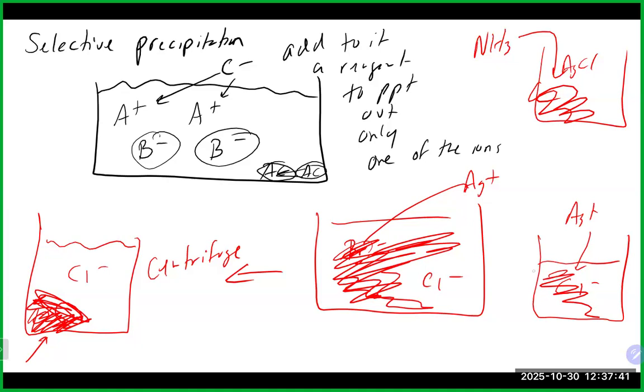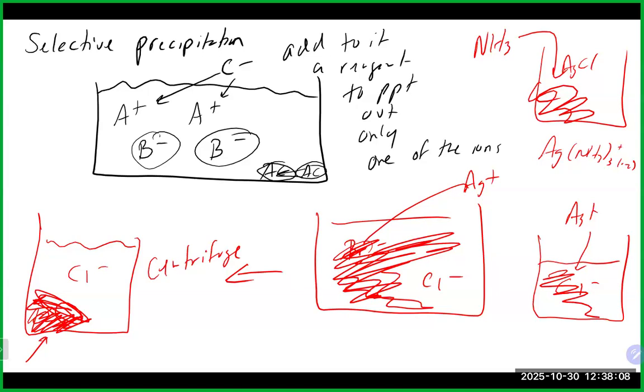That will rip the silver and the chloride apart from each other and put the silver into a complex ion, which we'll talk about shortly. It will be aqueous and floating around in the solution. That's the idea of those experiments as well: you get everybody out as a precipitate, and then you send some ions back into solution and selectively take them out with specific tests to determine what's present.